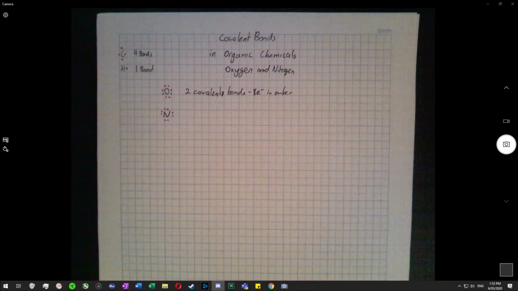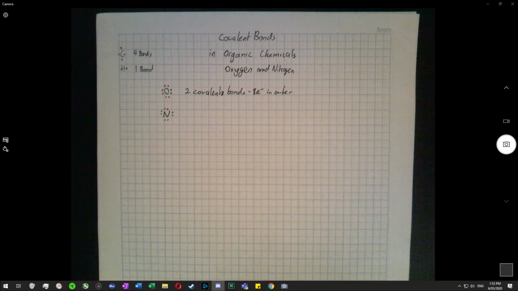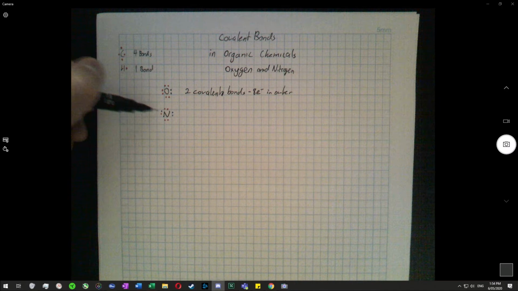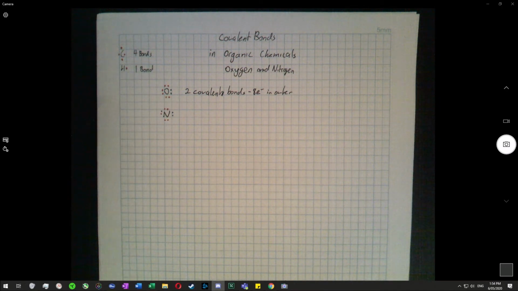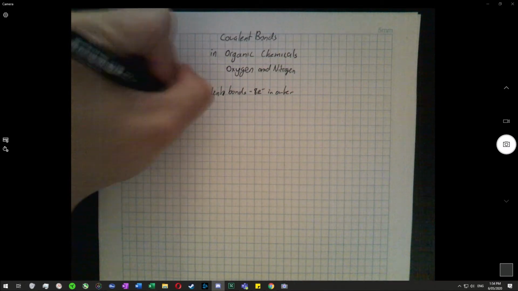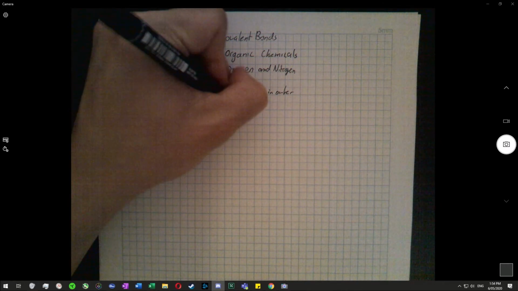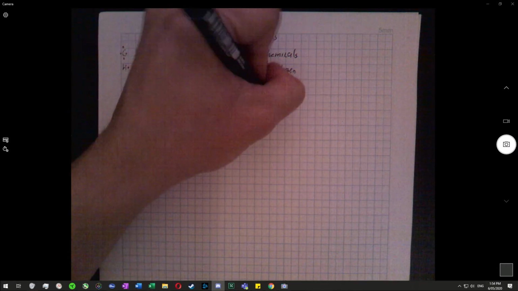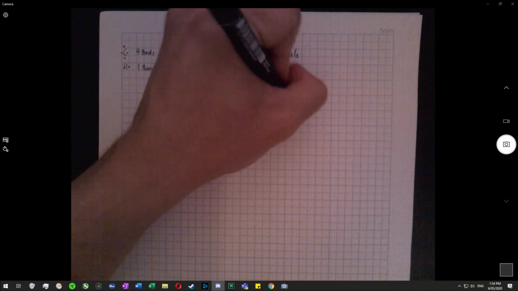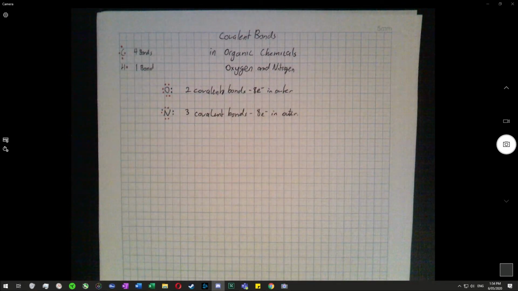I'll give you an example in a minute. And for nitrogen, because we want 3 extra electrons, we're going to have to form 3 covalent bonds. And again, that will give us 8 electrons in the outer shell. So again, you might want to add that to the notes that you already have. Maybe this might be something that gets put into your cheat sheet.